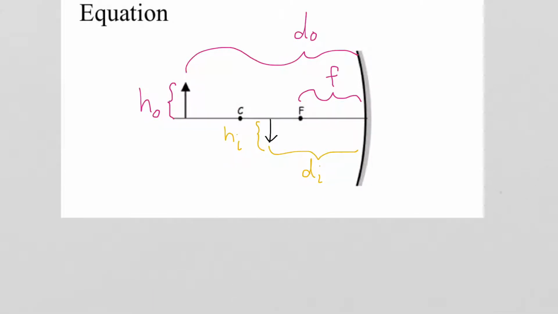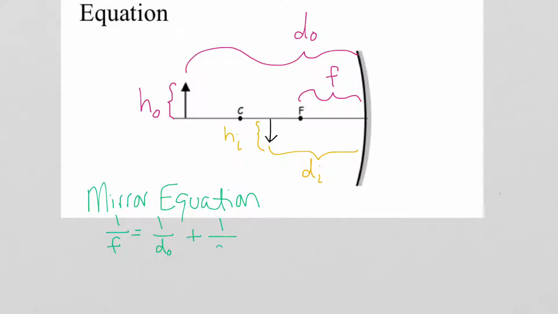And you can find videos of how these equations were derived, but for now we're just going to talk about what those equations are. And the first is the mirror equation, which is 1 over the focal length of the mirror is equal to 1 over the object distance plus 1 over the image distance.